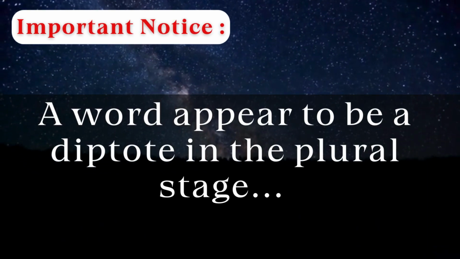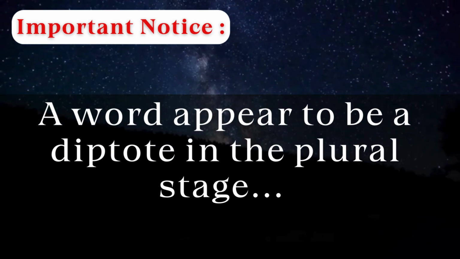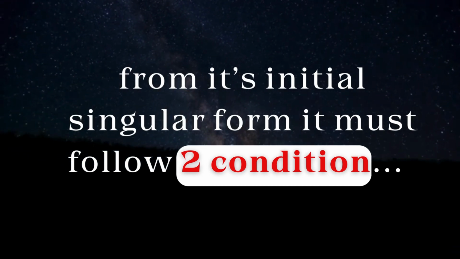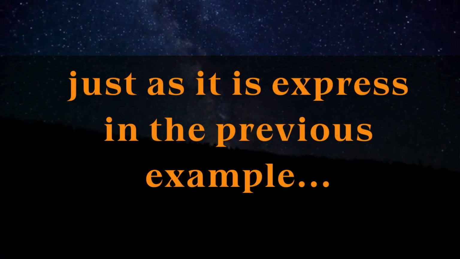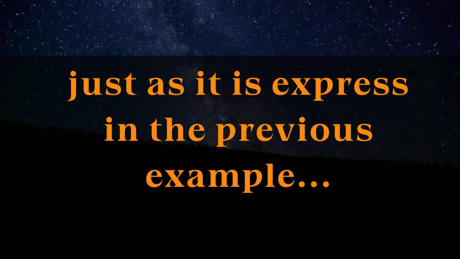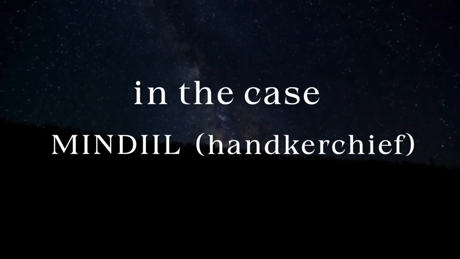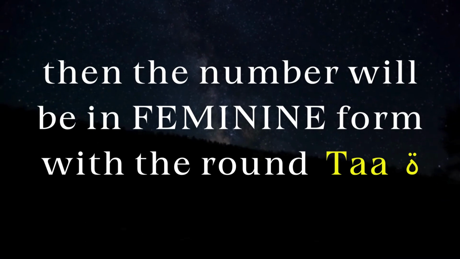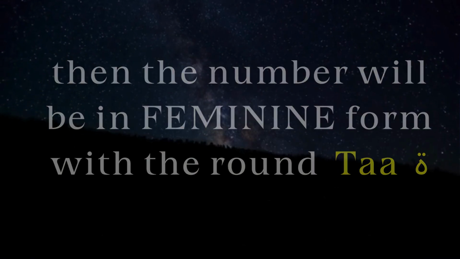Note that for a word which appears to be a diptote in the plural from its initial singular form, it must follow two conditions. First, if the word is masculine, just as in the previous example of Mindil, then from the counting of 3 to 10, the number will be feminized with the round ta.